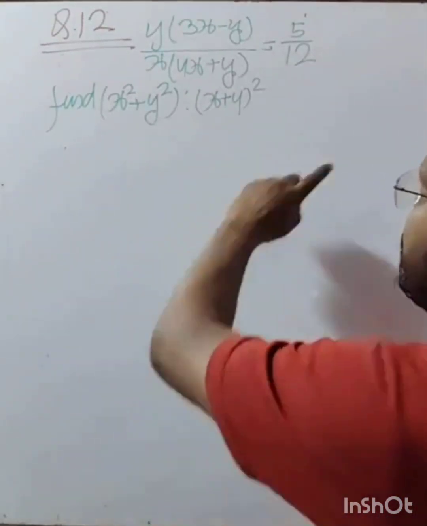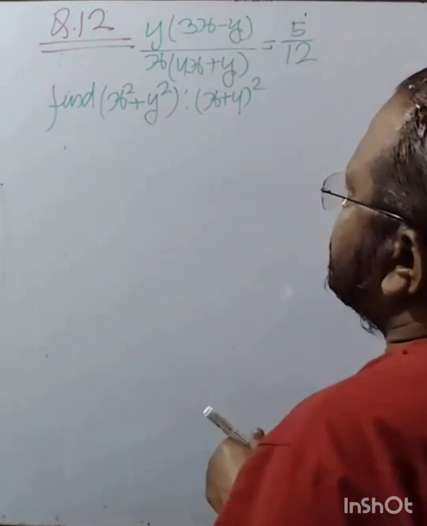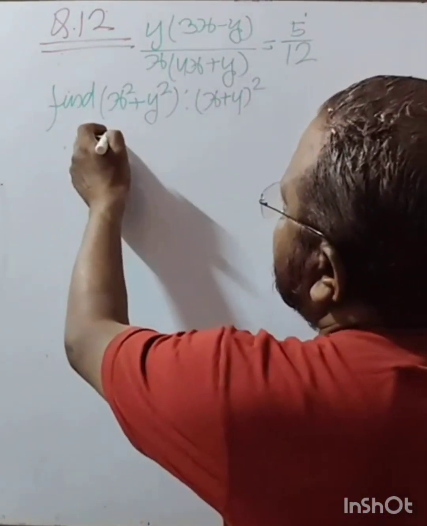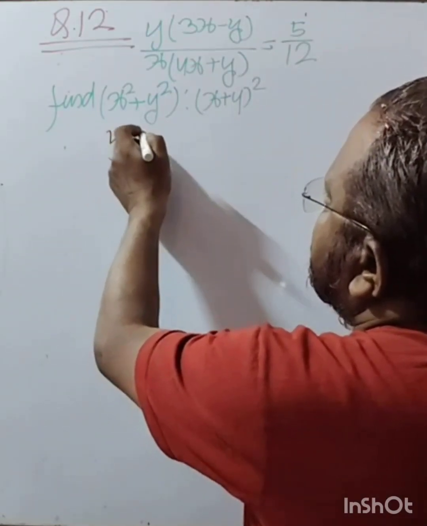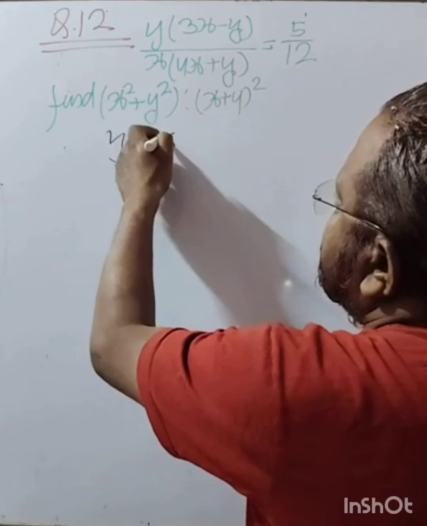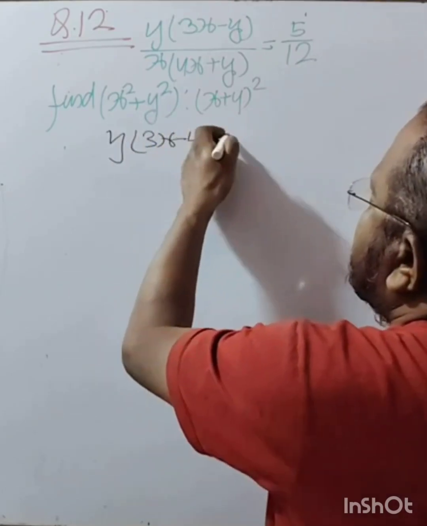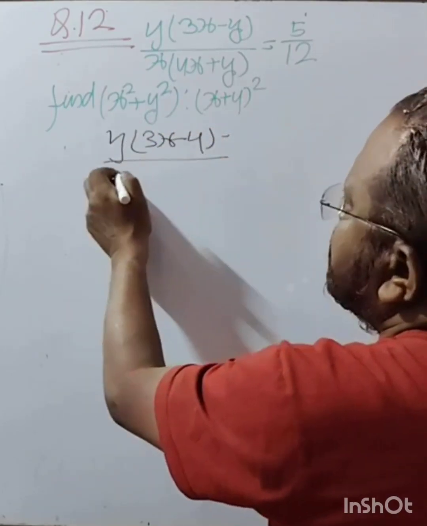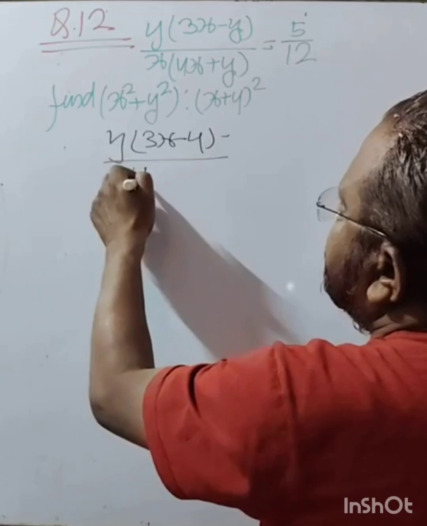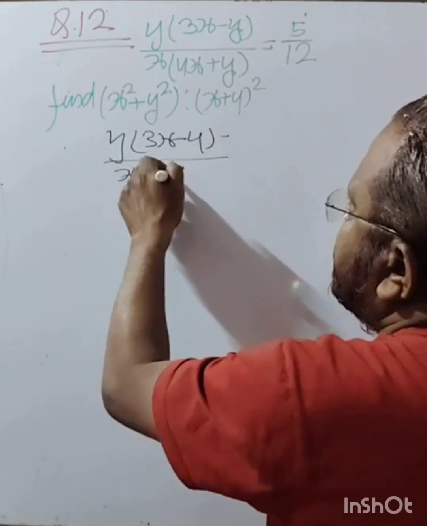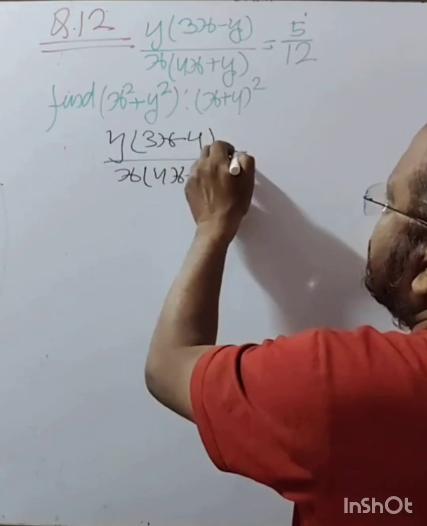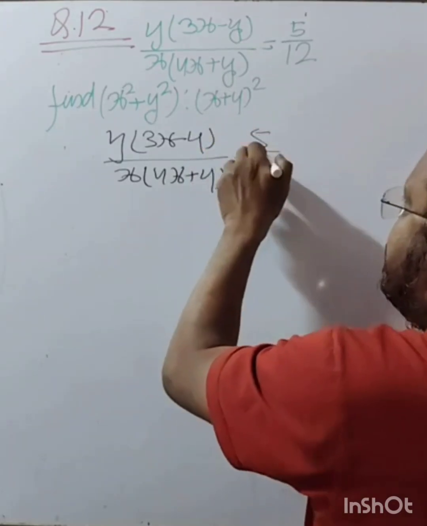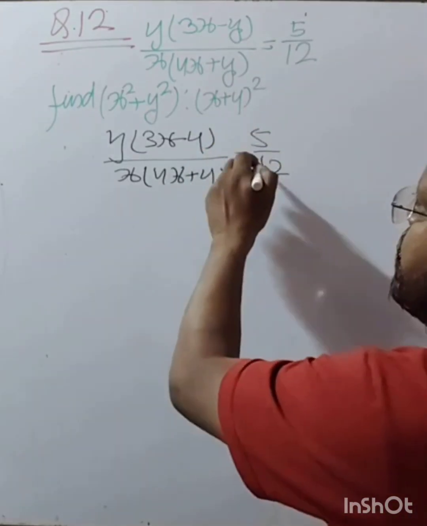Nothing more than to do this, cross multiply this. It is written as y bracket (3x minus y) upon x bracket (4x plus y) is equal to 5 by 12, right? Cross multiply.